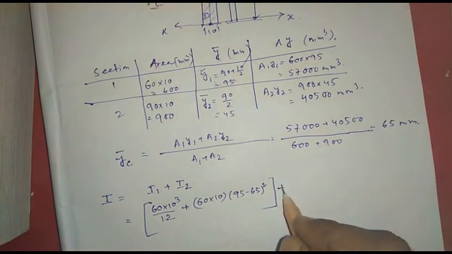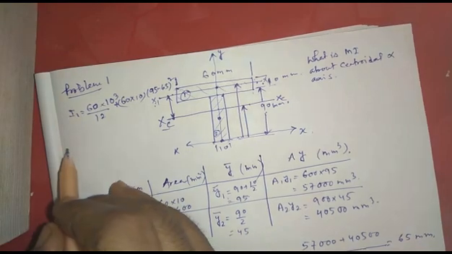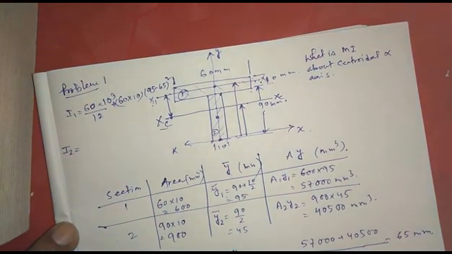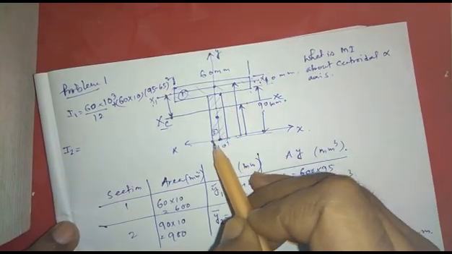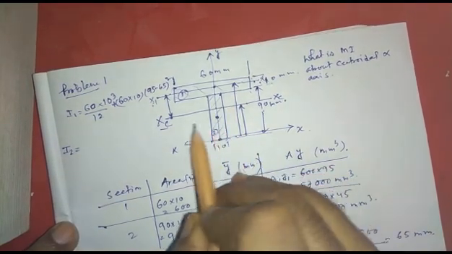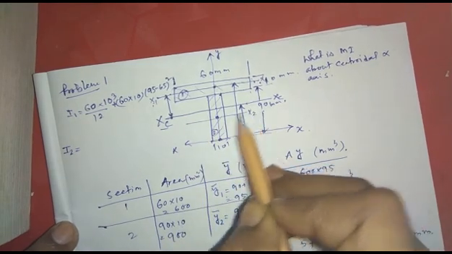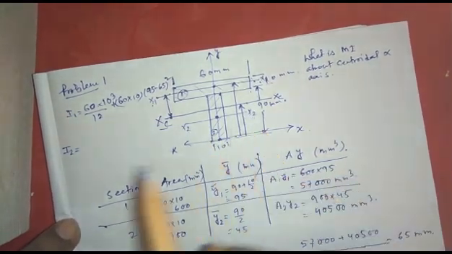Now similarly we can find I2. Now what is I2? Space is very limited. So for I2 you need to consider only this rectangle. We know the moment of inertia of this rectangle about its own centroidal x-axis, x2.